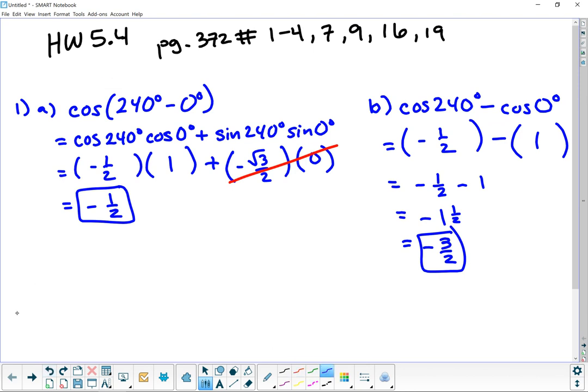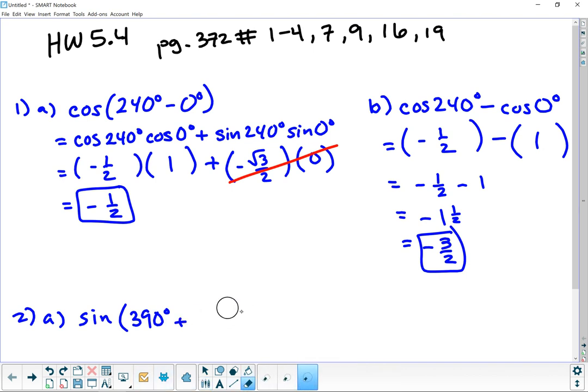Okay, number 2. 2A is sine of 390 plus 120 degrees. So we need to figure out what that makes.